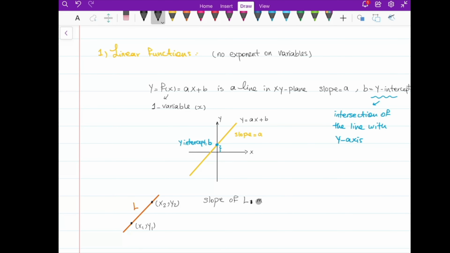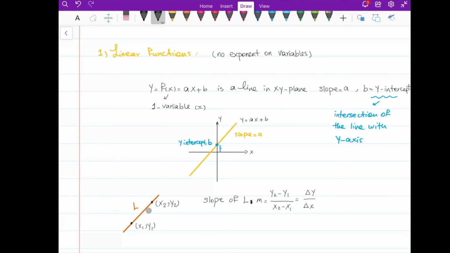It is a fraction, which is y2 minus y1 over x2 minus x1, which is the change in y's over the change in x's.